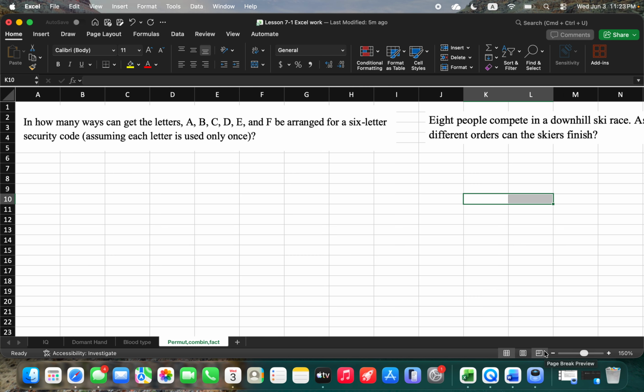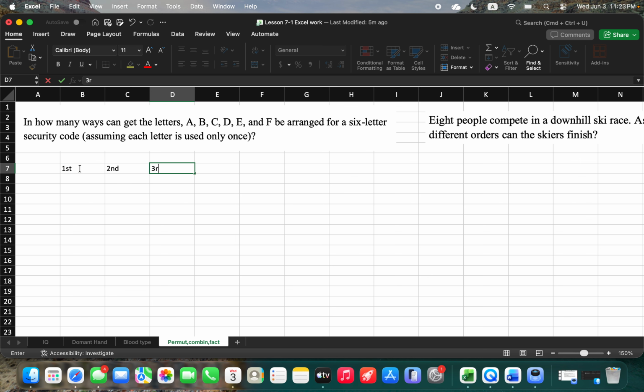Okay, then now we have a 6 digit. First, second, third, fourth, fifth, and sixth here. Okay, then now simply we can think the first digit can be A, B, C, D, E, or F here.